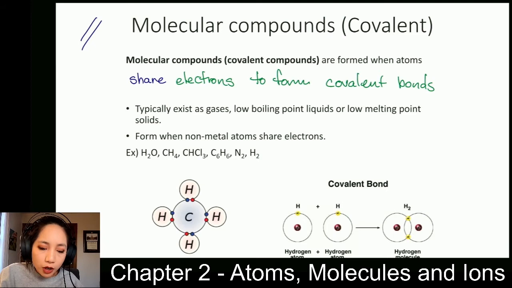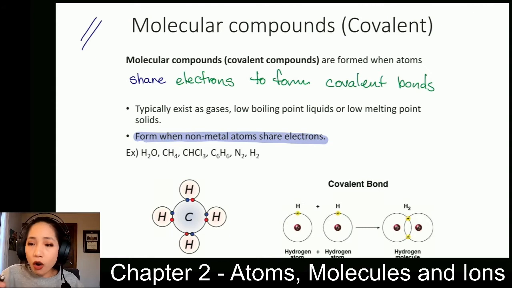And so remember how we identify molecular compounds. They are formed when all of the elements in the formula are nonmetals. Molecular compounds also have some typical properties, such as they're typically gases. They have low boiling points, gases at room temperature, and if they're solids, they typically have low melting points.